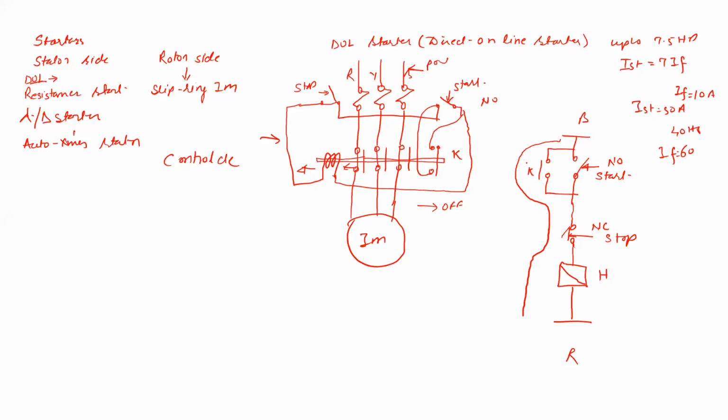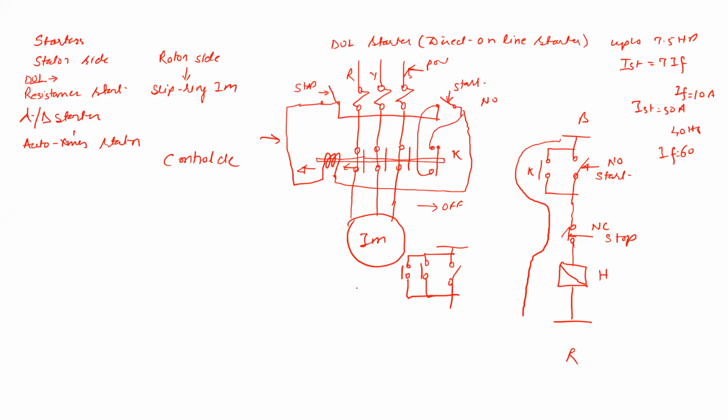Suppose you want to make the motor switch on automatically as soon as the temperature reaches some particular value, so whatever number of automatic start buttons is needed for the particular application, you just add that number of contacts in parallel for starting the motor by remote operation, or as soon as the pressure reaches a particular lower value, the motor should switch on.